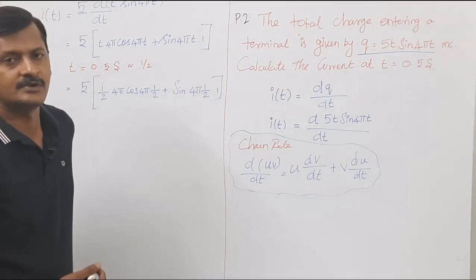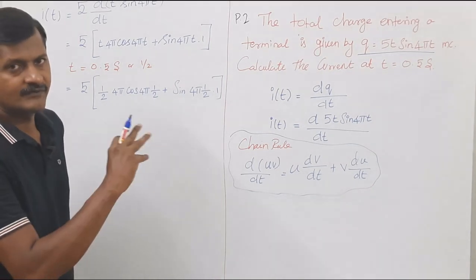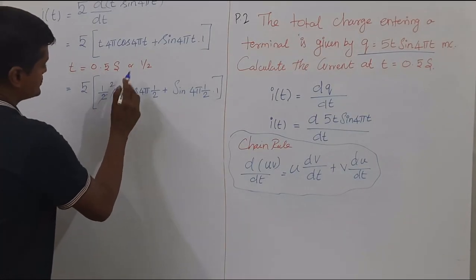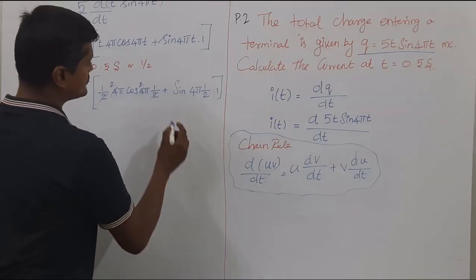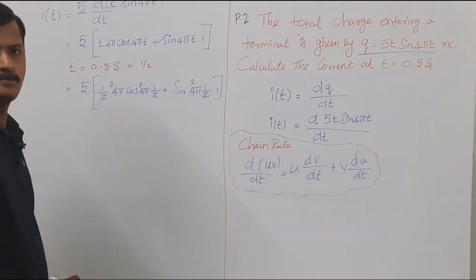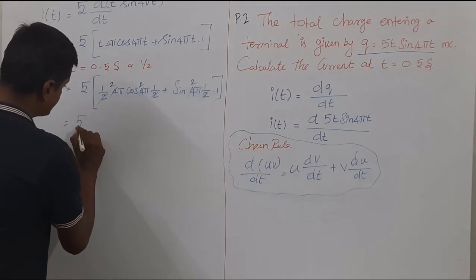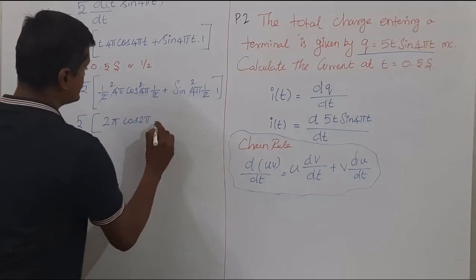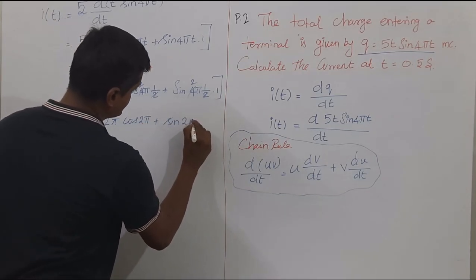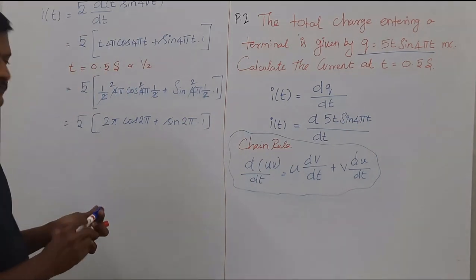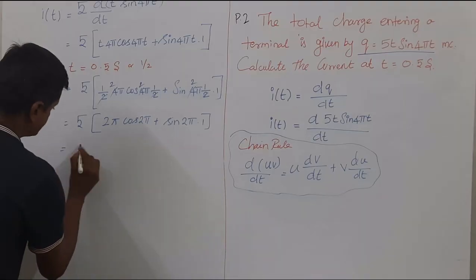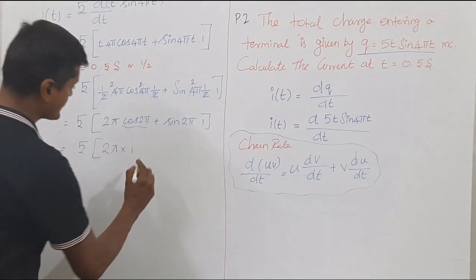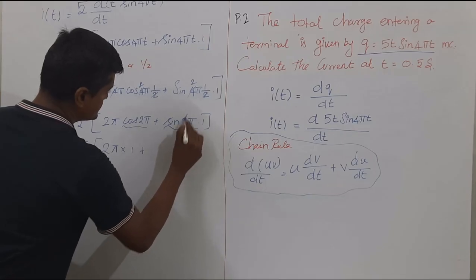Before solving on the calculator, always reduce the values in the problem as much as possible; then you will not get many errors. So 2 twos are 4, and here 2 twos are 4 and 2. Rewriting, that is 5 into 2 pi cos 2 pi plus sin 2 pi into 1. The value of cos 2 pi is equal to 1, plus the value of sin 2 pi is equal to 0.